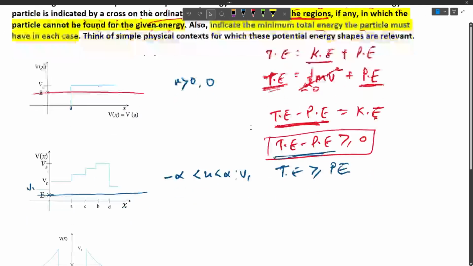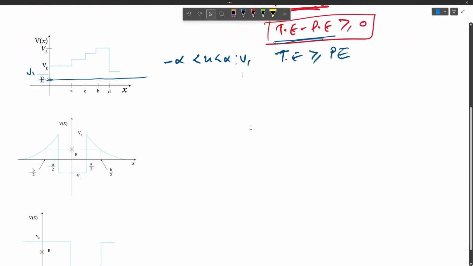Now proceeding to the next question, here the total energy is crossing the potential energy at two points, minus b by 2 and plus b by 2. Using this expression, total energy can only be greater than or equal to potential energy. We can say that for the region between minus b by 2 and minus a by 2, the particle can't be found because here total energy is less than the potential energy.